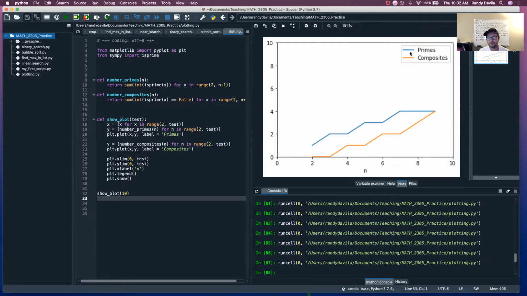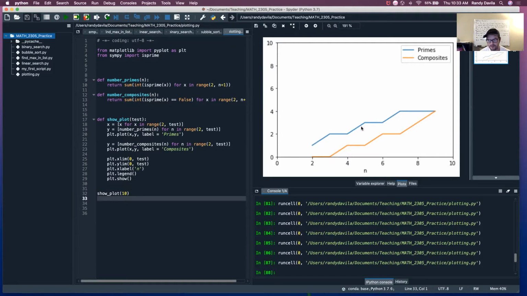The blue line represents the number of primes less than or equal to a given number n, and the orange line represents the number of composites less than or equal to n. So here we see there's 1 prime less than or equal to 2, and 0 composites. And then at 3, there are 2 primes less than or equal to 3, and 0 composites. And 4 is not prime, but it is composite, so you see that the line lifts up.